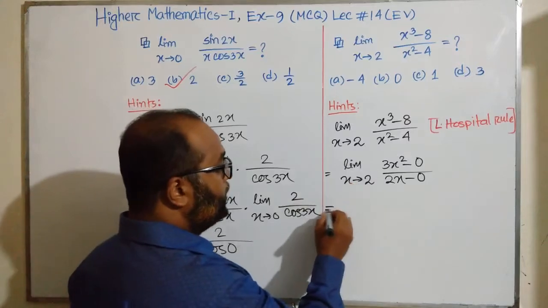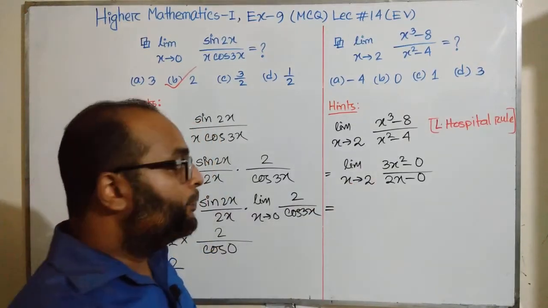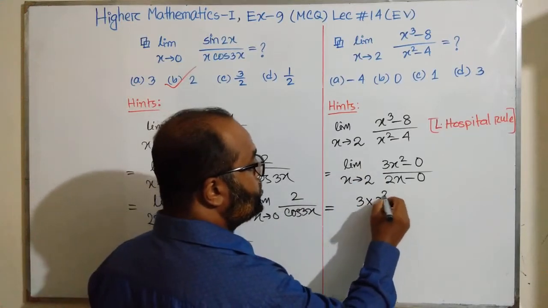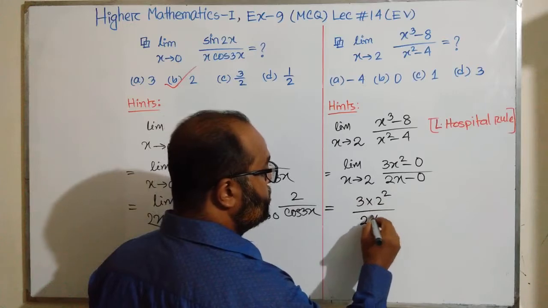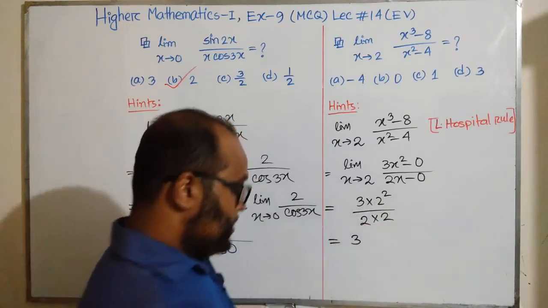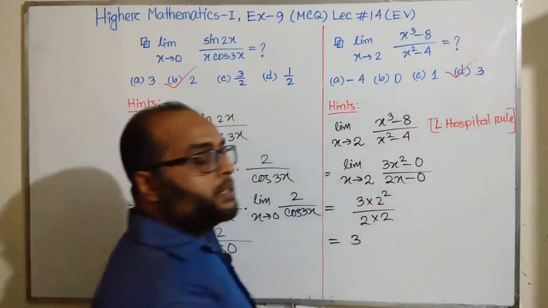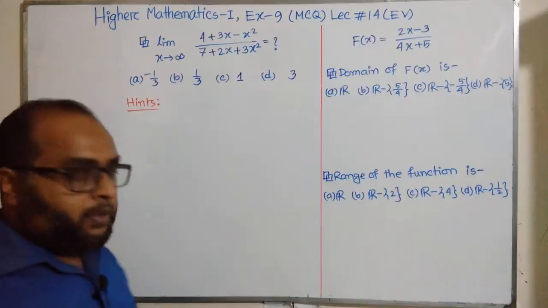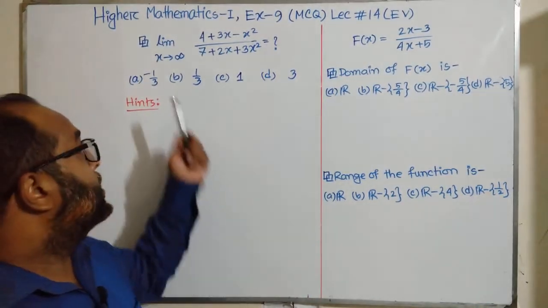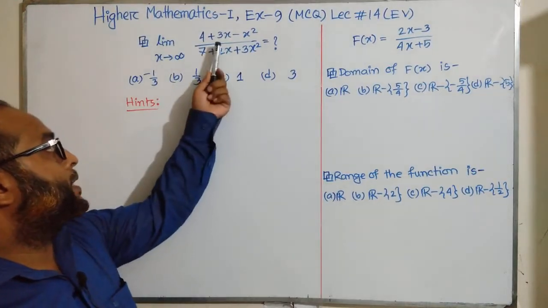Now we put the limit of x is 2 in this function. 3 into 2 square divided by 2 into 2, this equal 3. So here option D is correct.